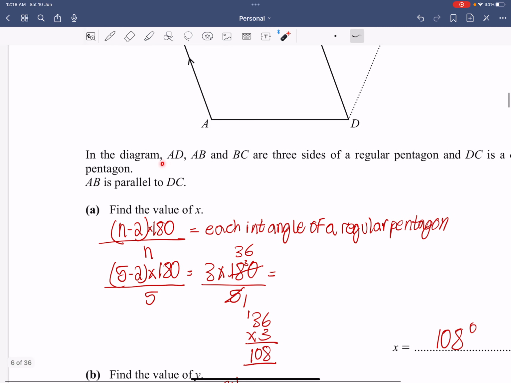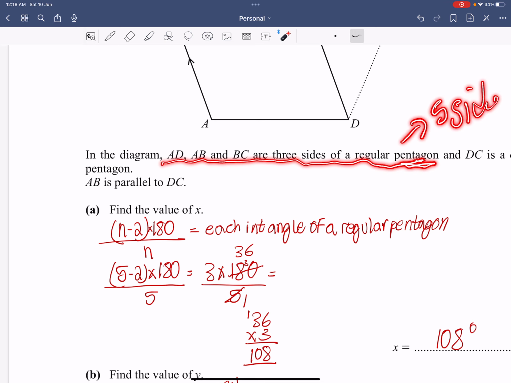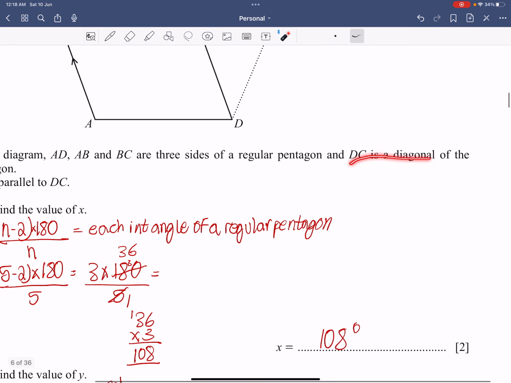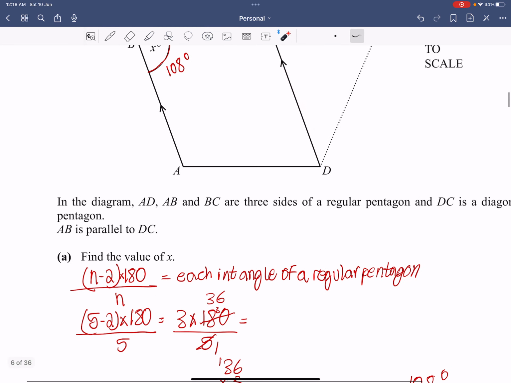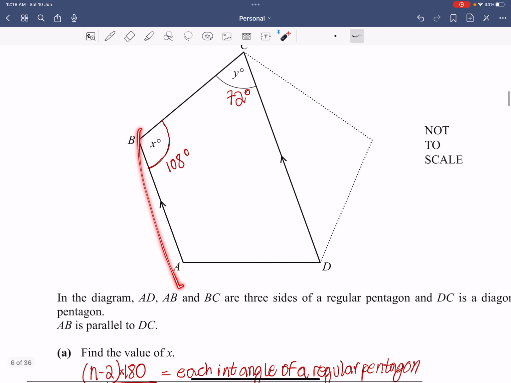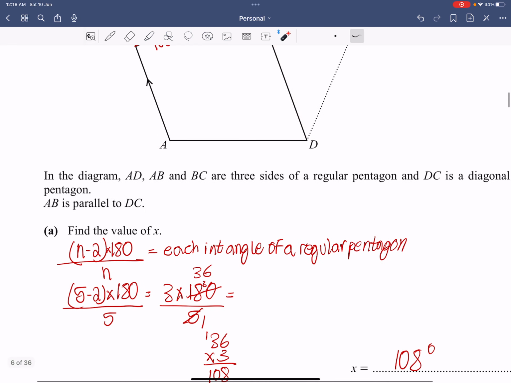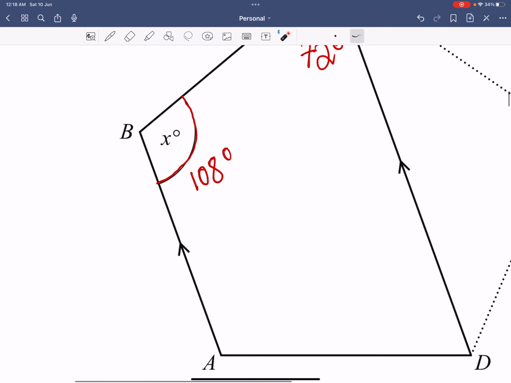So in the diagram, AD, AB and BC are three sides of a regular pentagon. A pentagon has 5 sides. So it is a regular pentagon, and DC is the diagonal of the pentagon. This is the diagonal, right? AB is parallel to DC. Find the value of X. So what is X? If you focus and see, X actually is an interior angle.